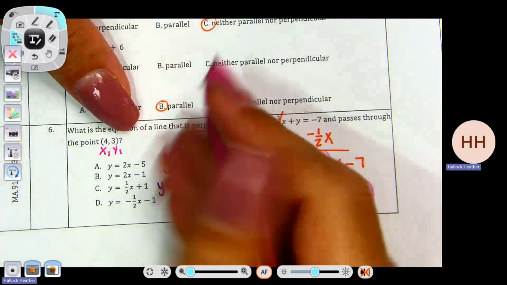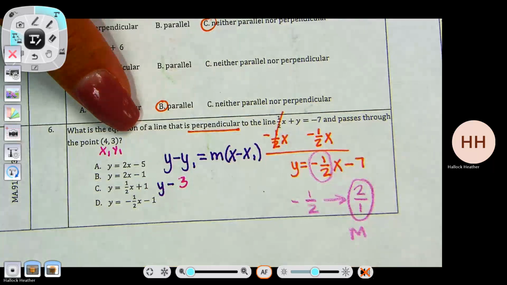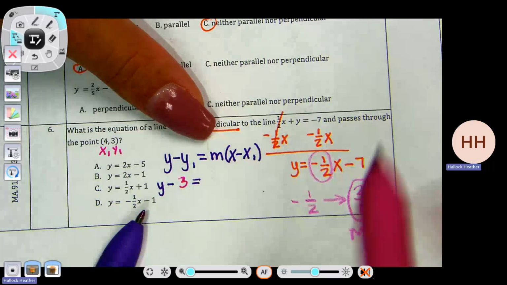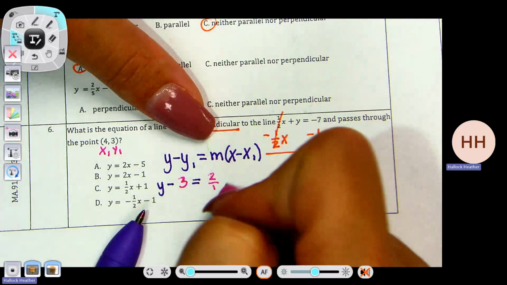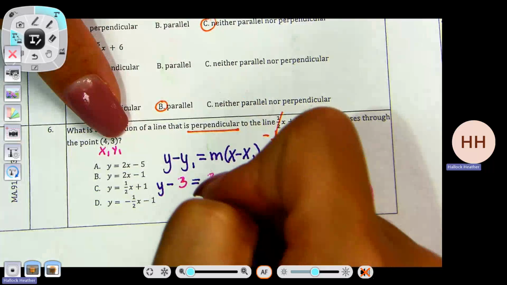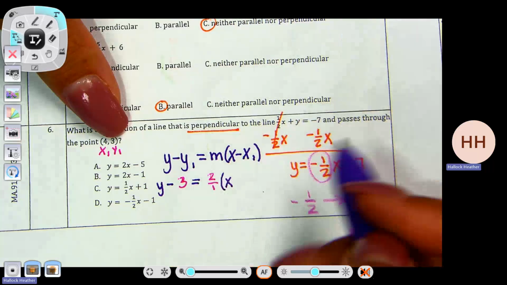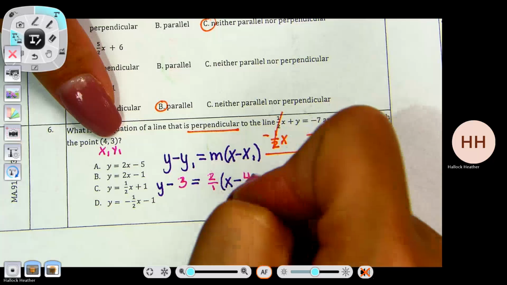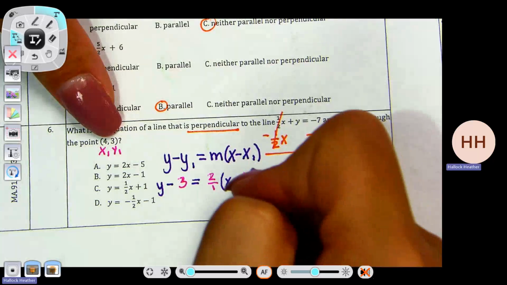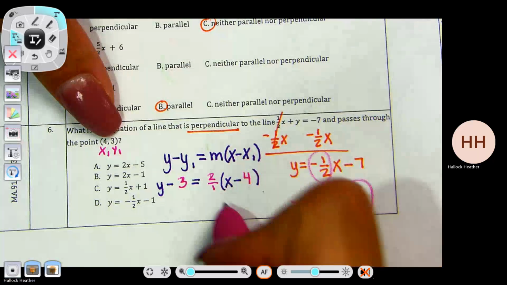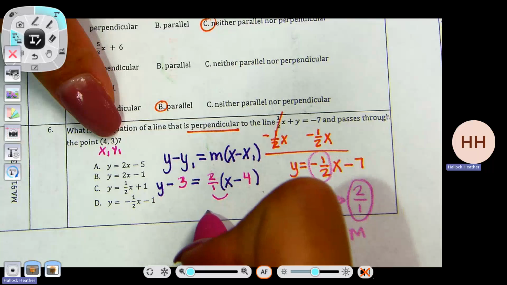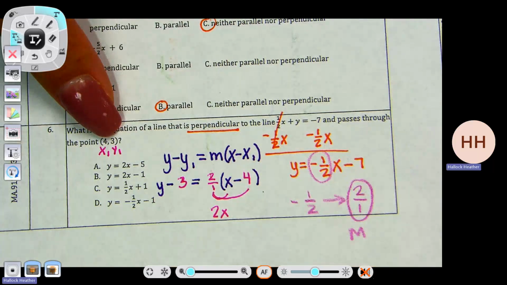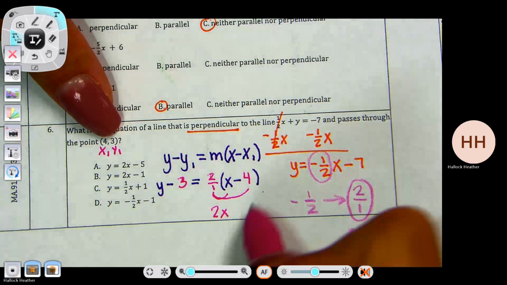y1 is 3 equals my slope, which is 2/1, which is really just 2, but I'm going to put it as 2/1. And then in parentheses, x minus 4. So now I'm going to use the distributive property and distribute. 2/1 times x is just 2x. 2/1 times -4 is -8.